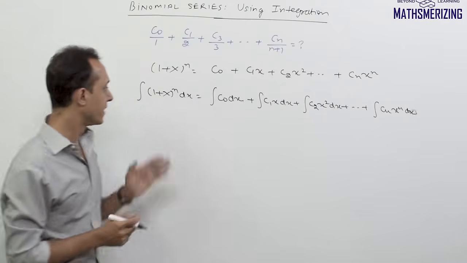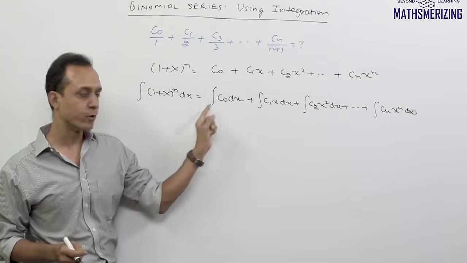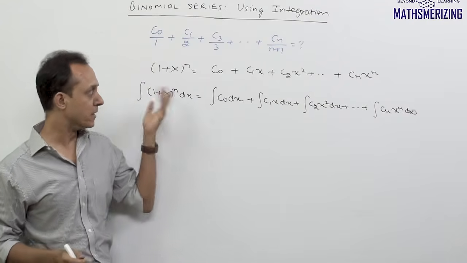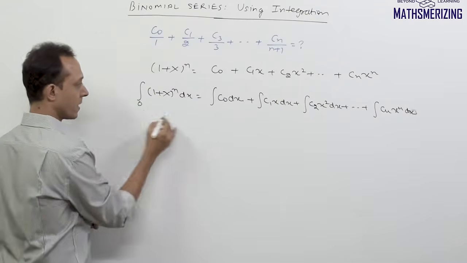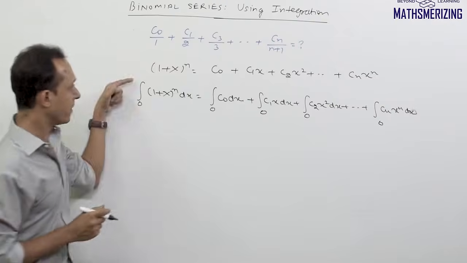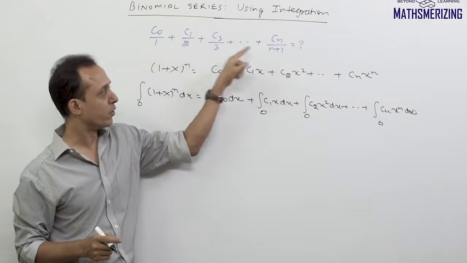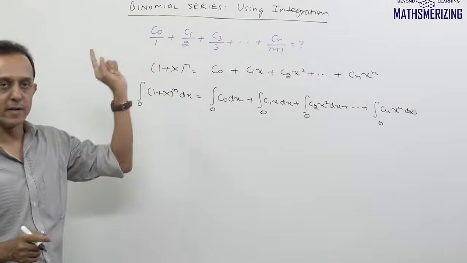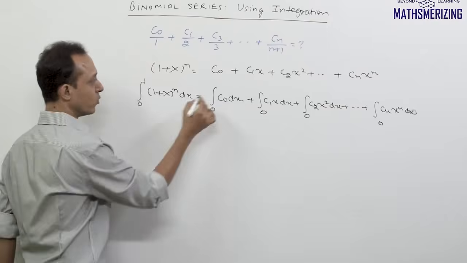Now there are two ways. Either I can use indefinite integral, then I have to use plus c, or I can put the limits. So I'll start with 0. And then for the upper limit, I just need the sum of the coefficients, not x. So for x, I need to put the value as 1. So I'll integrate it from 0 to 1.